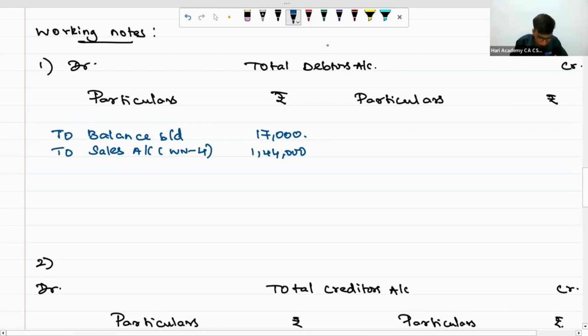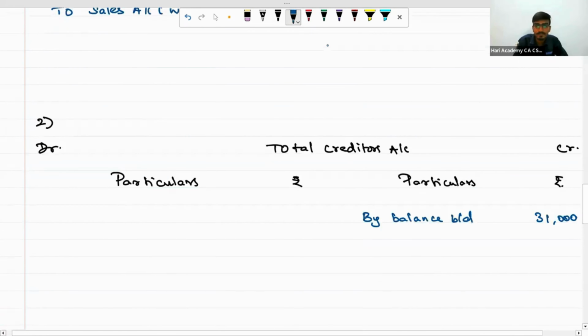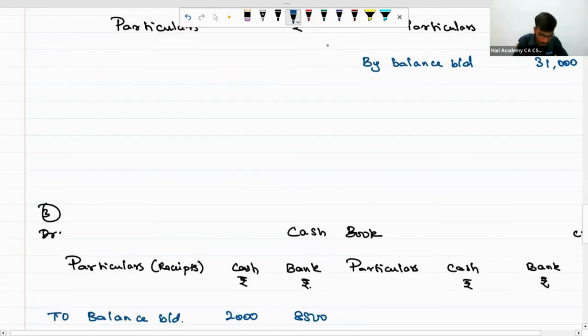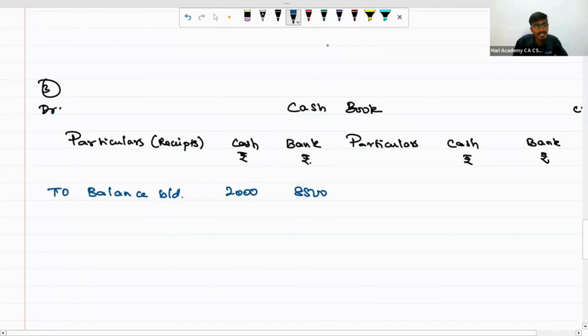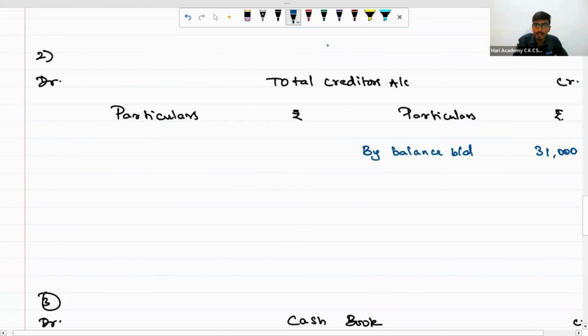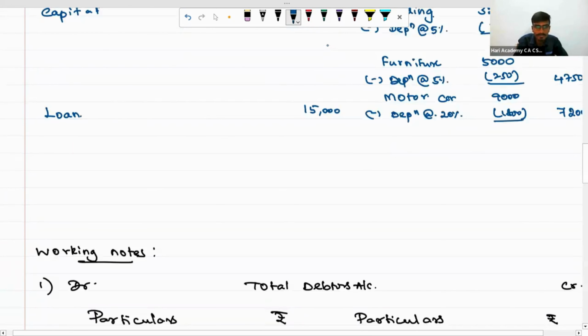Next, one more thing you need to do is, you are making cash, correct? What is the cash sales value? That is a receipt, correct? That cash sales value you need to put, 36,000.